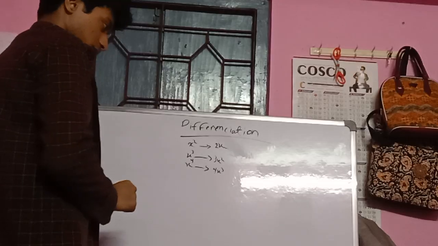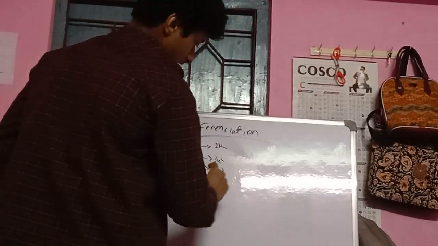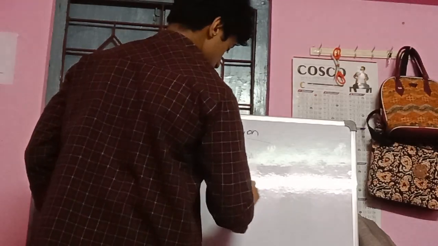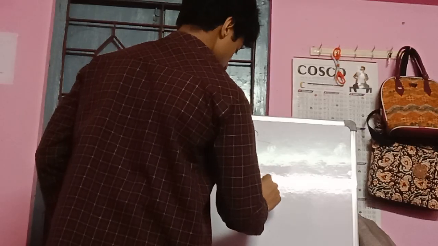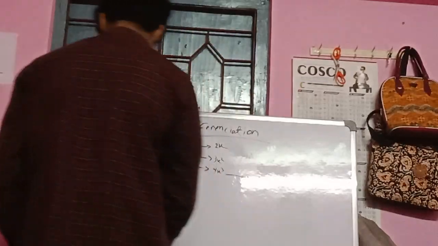And this will just continue like that. And if you take further derivatives of this, it would be 4 times 3 times x square, like that.